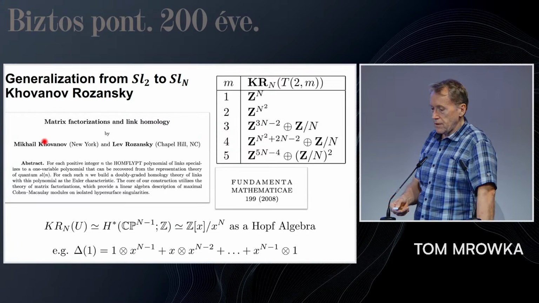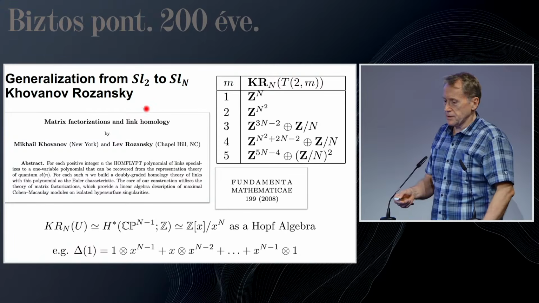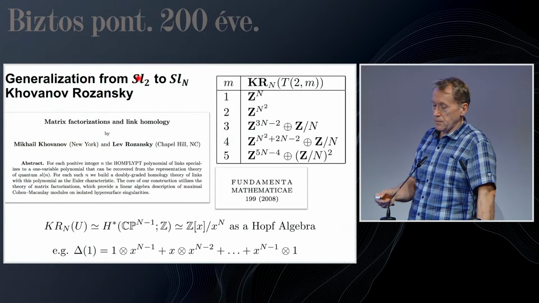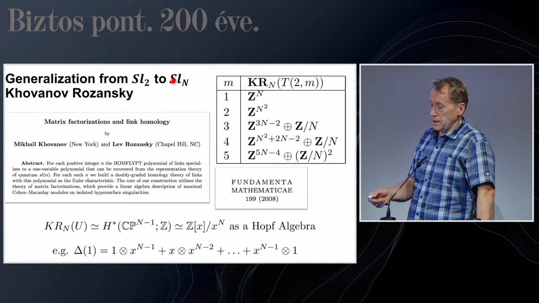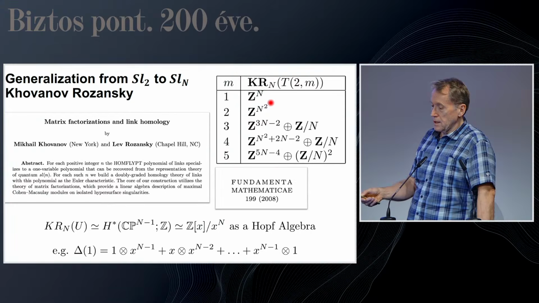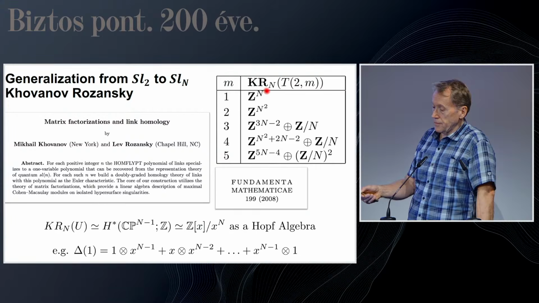Important, so Khovanov's story has many important generalizations. I'll just mention the Khovanov-Rozansky story where they generalize, thinking of Khovanov homology as sl2, generalize it to sl_n. So in this paper, and here you see what the Khovanov-Rozansky homology is as a function of n, again for the same family of torus knots.